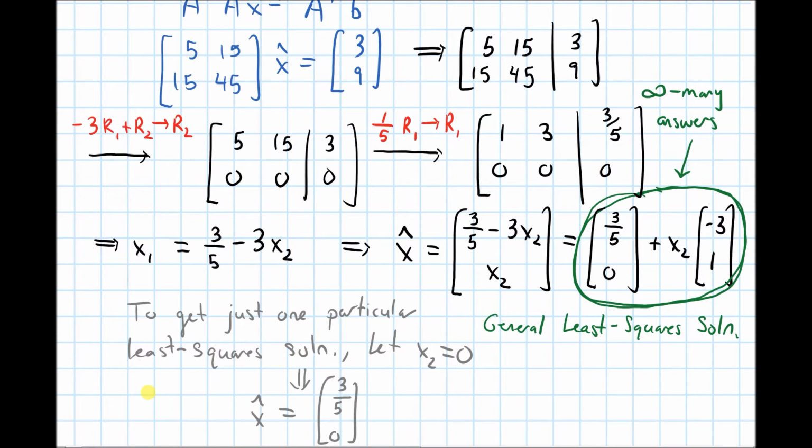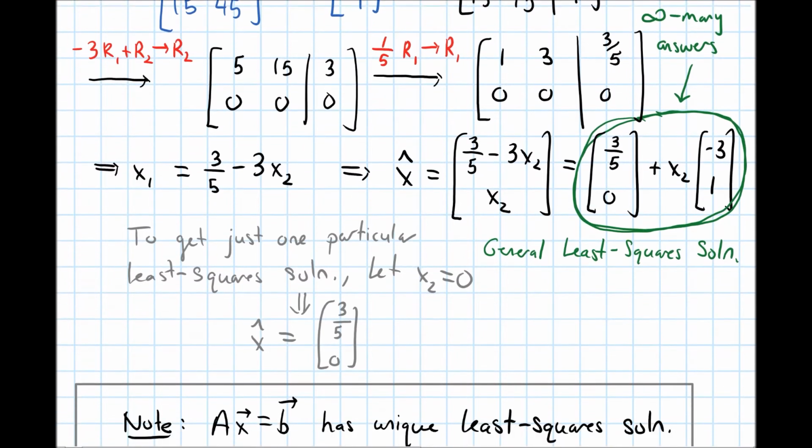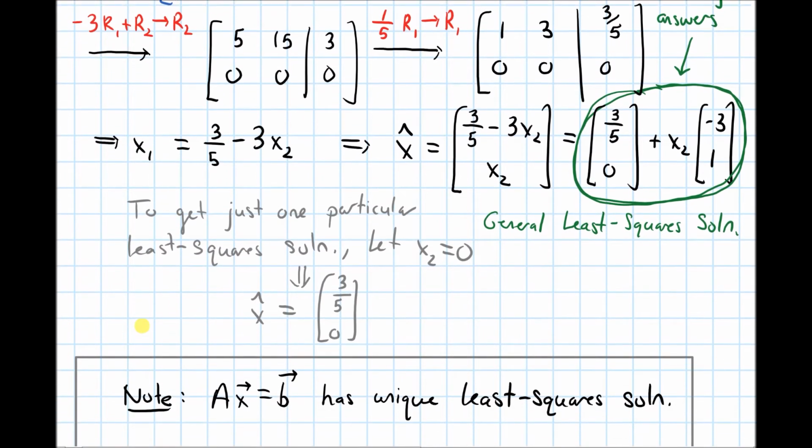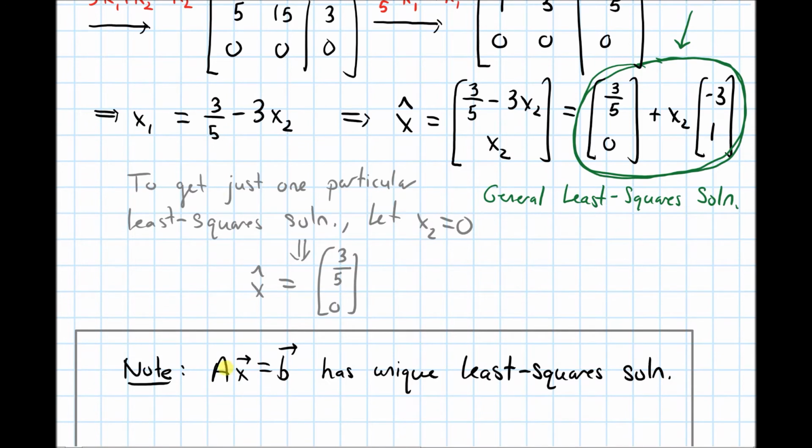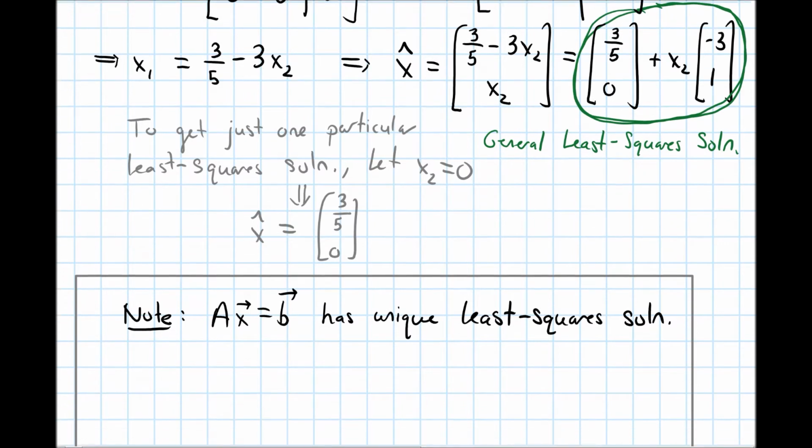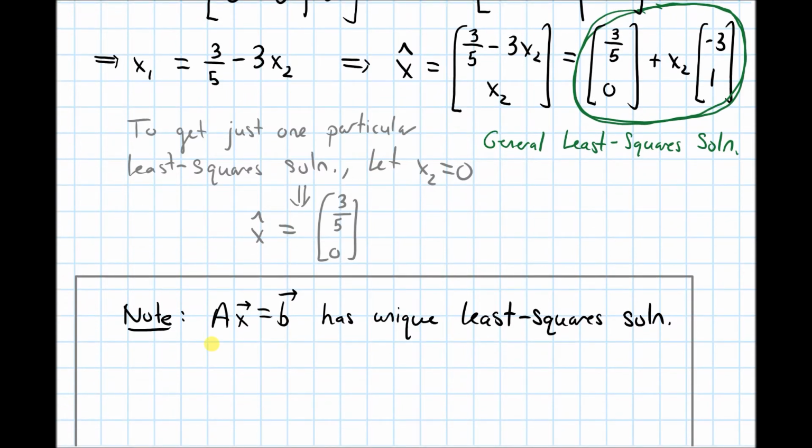All right. So next I want to make a key observation. I want to note when our equation Ax equals b has a unique least square solution. Notice that didn't happen up here, because here we had infinitely many. So we will have a unique least square solution if and only if A times x hat equals b hat has a unique solution. Remember, this was what x hat needs to satisfy.